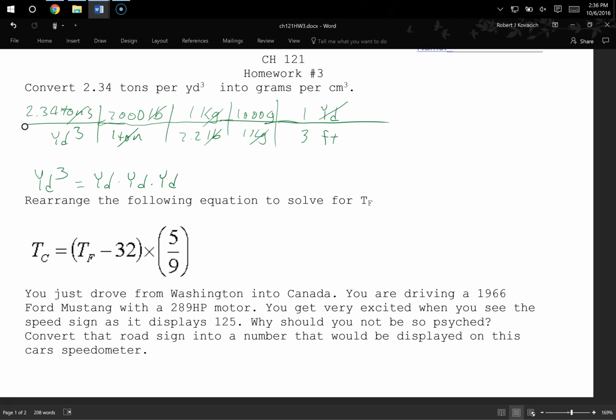So I have a couple of options. I could do this right here 2 more times, because then that would put 2 more yards in the numerator and a foot times a foot times a foot on the bottom. And I need to make sure that bottom unit is what unit? Volume unit, right? So it has to be a length times a length times a length.